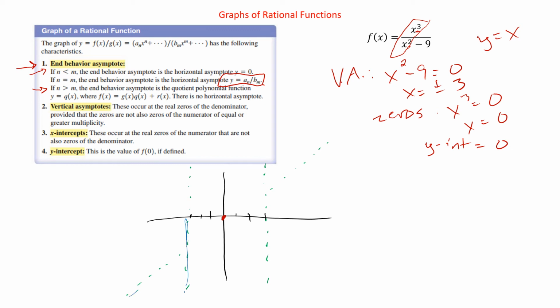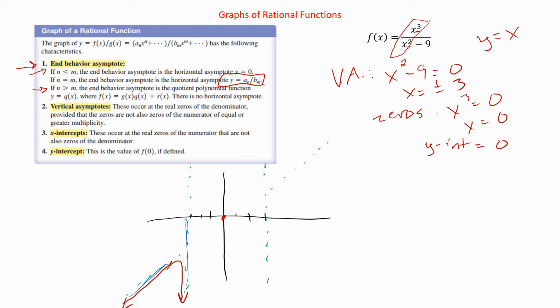We also have the asymptote here, so it's going to be coming in from this way. Now the question is, is it going to go up to positive infinity or down to negative infinity? The answer here is it's going to go down to negative infinity. Why would it go down instead of up? How did I know that?